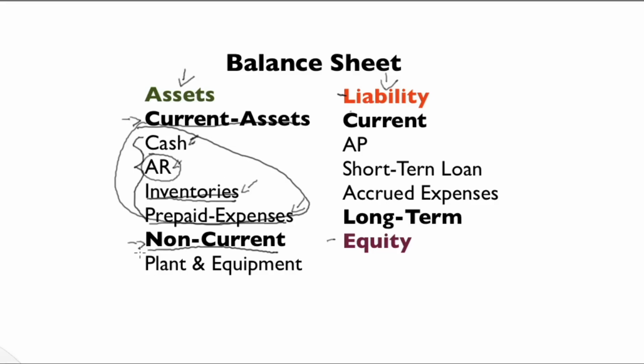Then we have the non-current assets. The non-current assets are those that have a life longer than 1 year. And usually we can find under non-current assets plant and equipment, but it really depends on the company's balance sheet. For example, if it is a high-tech company, you're going to find also other non-current assets such as licenses or patents. And usually the main difference between current assets and non-current assets is also that they are subjected to depreciation and amortization.